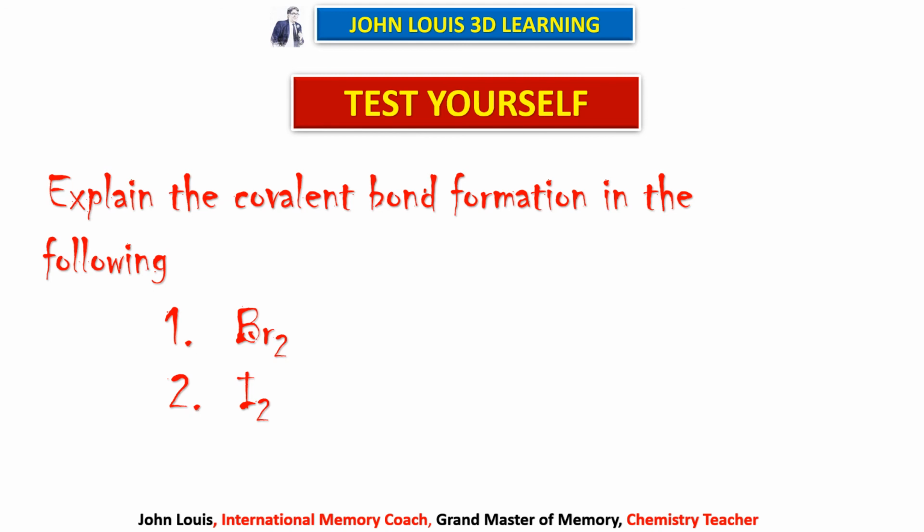Same thing with iodine. Both the iodine atoms will have 7 electrons in the outermost orbit. Therefore, they share 1 electron equally between them. Thereby, they can attain the stable octet structure. I think you have understood for fluorine, and based on that, you should be able to write for bromine and iodine yourself.